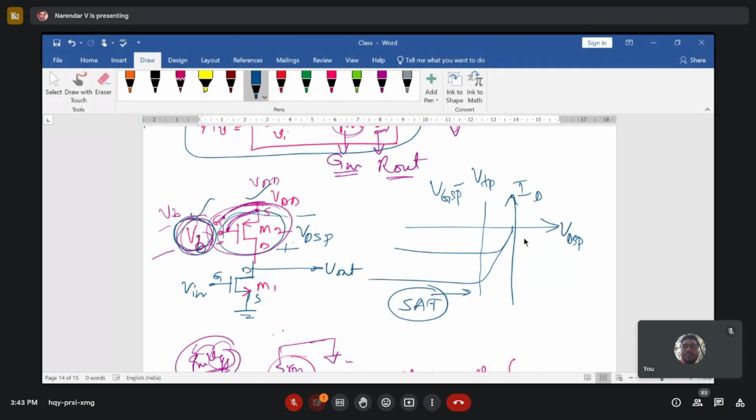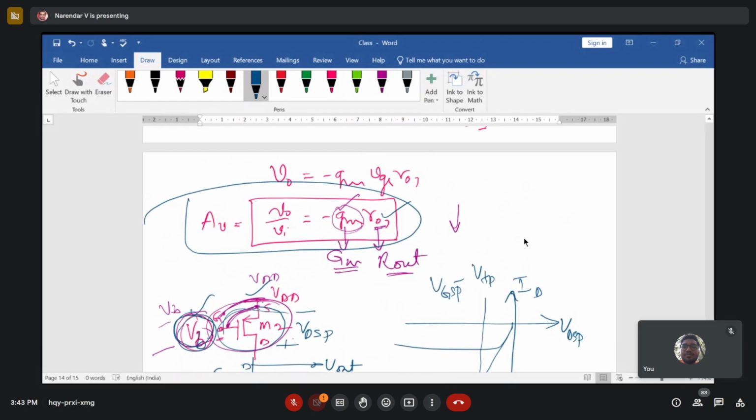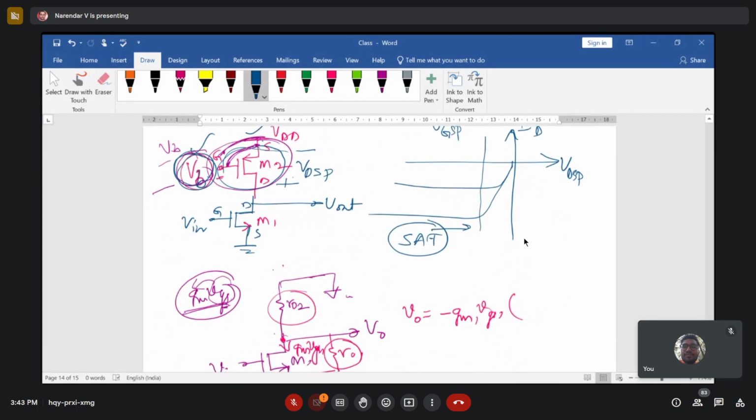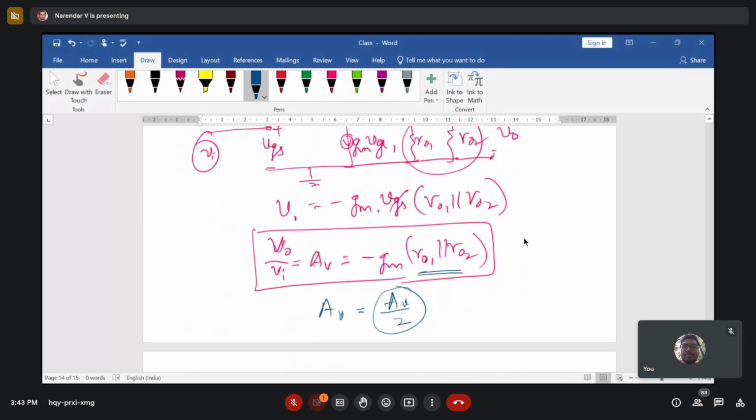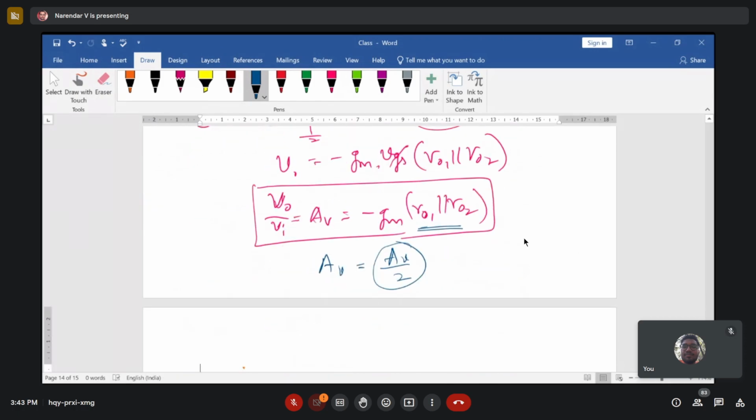We have considered the resistive load, we have considered the diode connected load, and we have replaced the ideal current source with a MOS transistor. When we talk about an ideal current source, this is the gain. But when we replace the ideal current source with a PMOS transistor acting as a current source, the gain becomes lesser in comparison with that circuit.